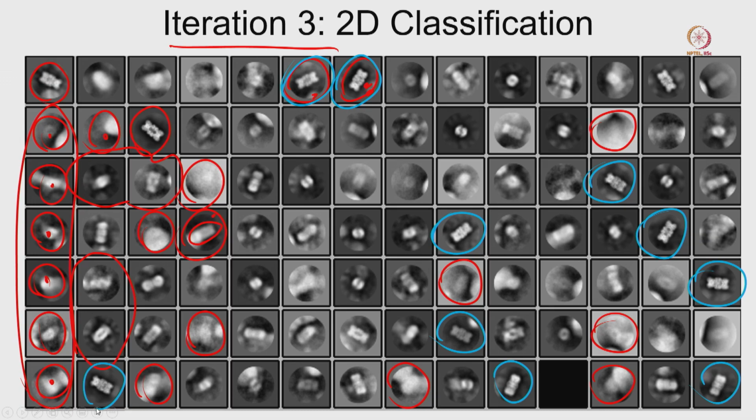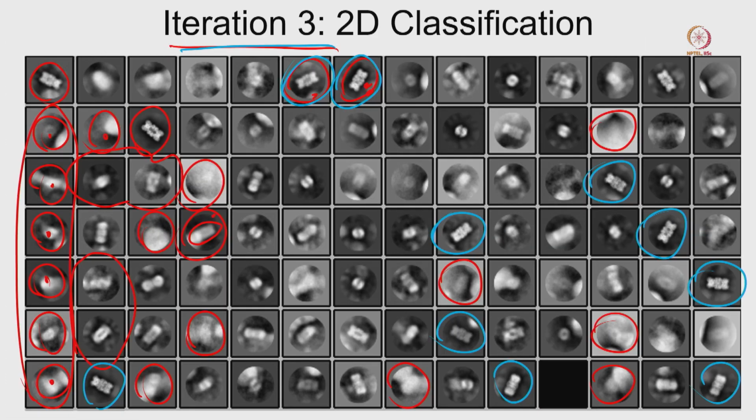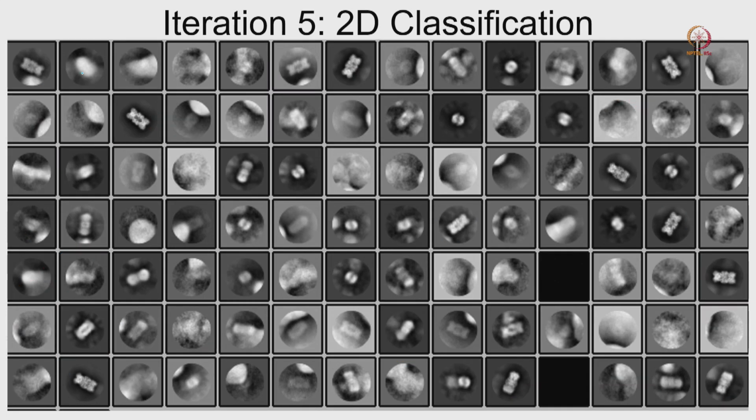Here you can see this is basically the third round. If we just continue to iterate, what will happen? When we have good particles, the alignment will be better in the next round, and you can see lots of details. The main point is that those are very bad particles or some kind of ice contamination.